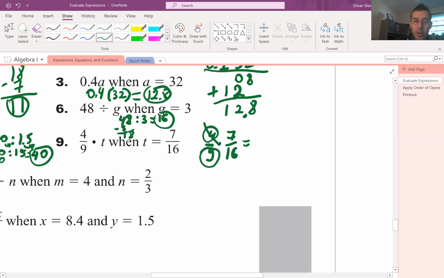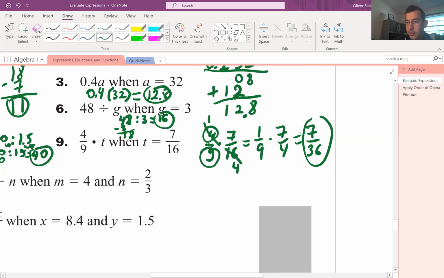Because 4 divided by 4 is 1, and then 16 divided by 4 is 4. So what comes out to is 1 over 9 times 7 over 4. Now there is nothing we can cancel, so we just multiply. So 1 times 7 is 7, and then 4 times 9 is 36. Okay, so 7 over 36 is the solution for number 9.